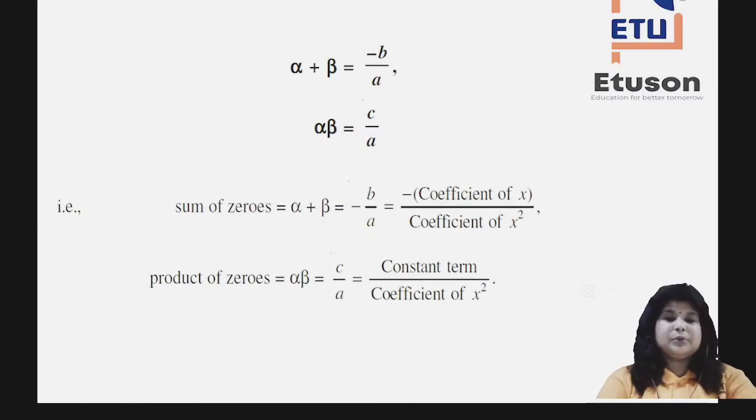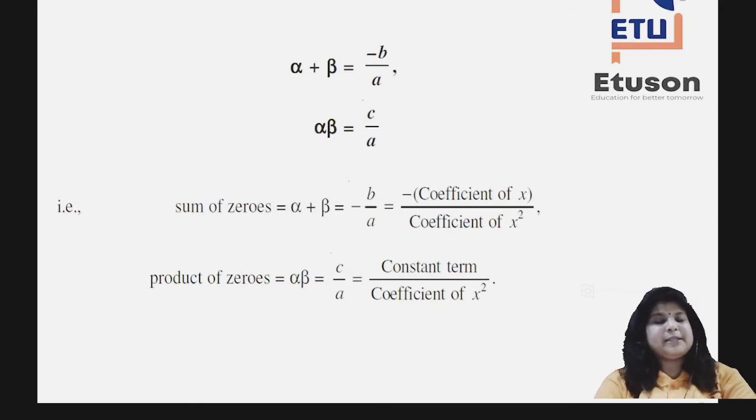So sum of the zeros is equal to alpha plus beta, that is minus b by a, which is equal to minus of coefficient of x divided by coefficient of x square. Product of zeros alpha beta is equal to c by a, that is constant term divided by coefficient of x square.